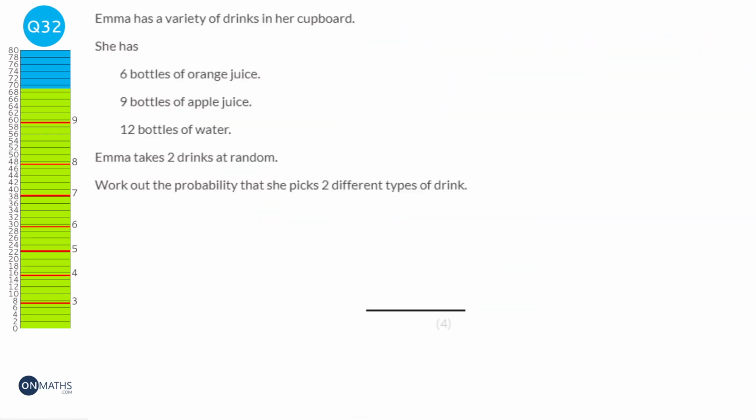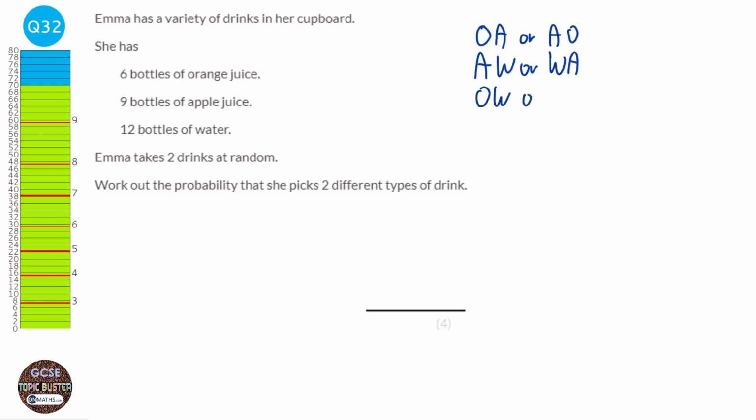We're going to start by working out what outcomes will give us 2 different types of drink. So we could have OA or AO, AW or WA, and OW or WO.